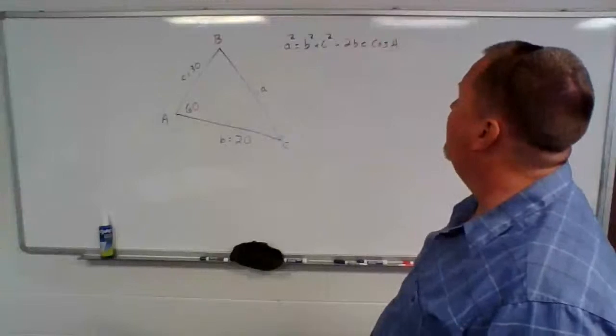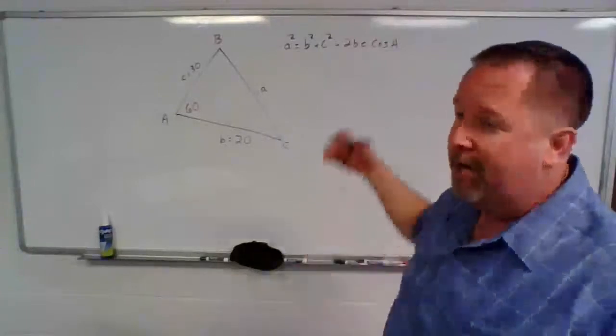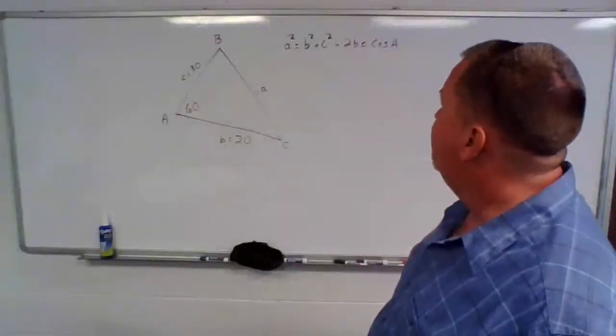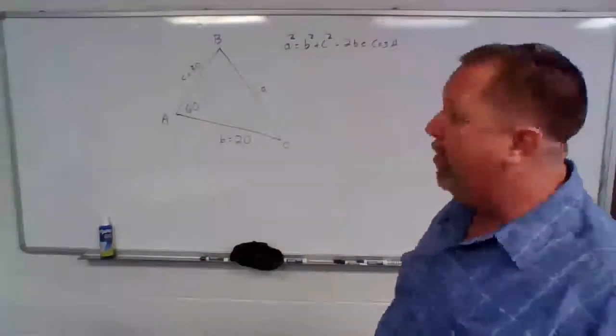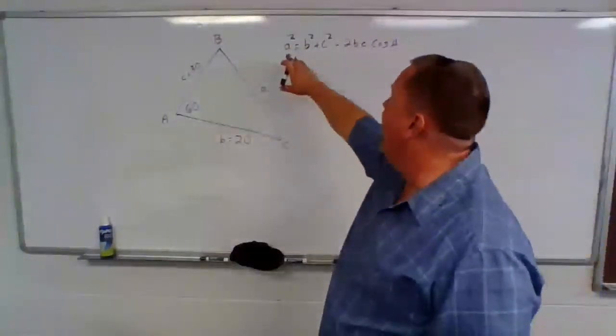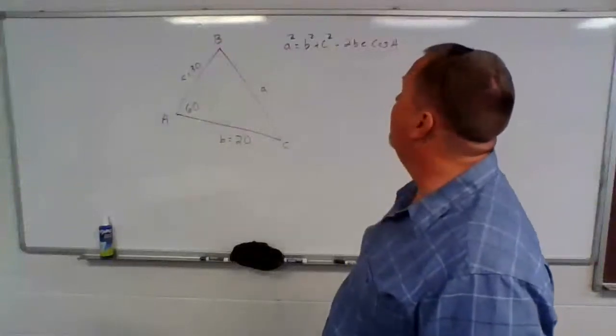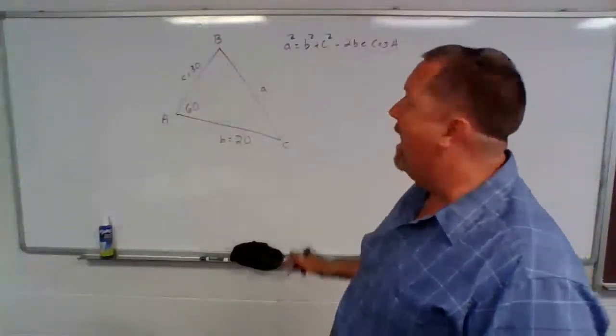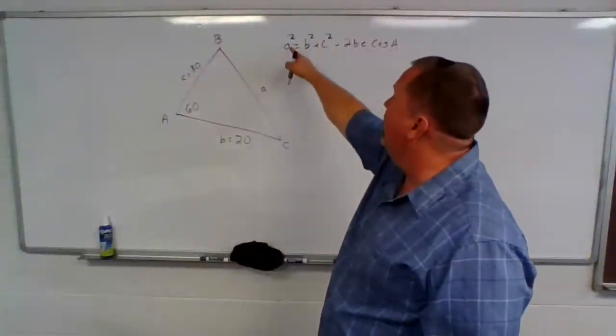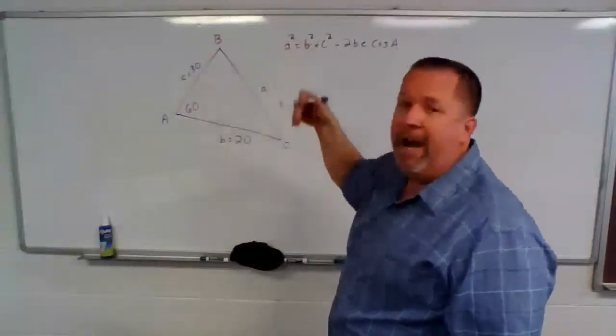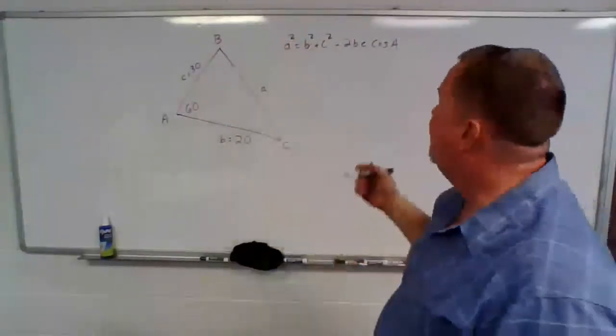All right. Now let's start plugging things in, because we know all of this information. Honestly, I'm going to break it down step by step, but you could put this whole thing into your calculator in one step and then just take the square root of it, because this says a squared. So if we want A, we'd have to take a square root.